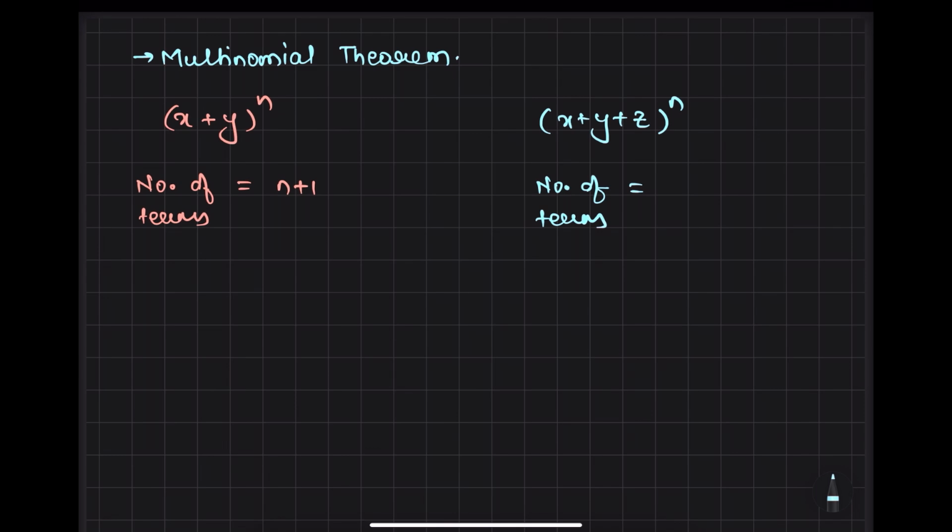Right now we have 3 variables, and don't you think this n will be distributed on the power of x, y and z? Correct. x can take power as 0, 1, 2, 3, 4, 5 dot dot dot n. Same condition is for y, same condition is for z.